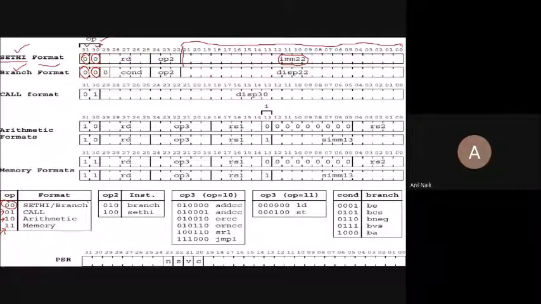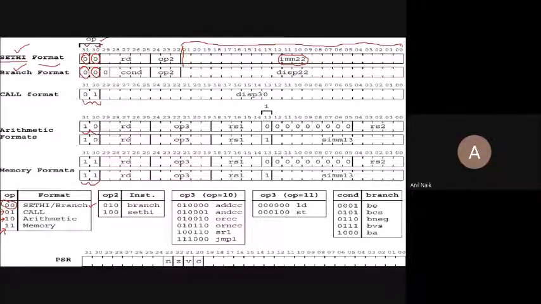We understand the instructions as English-like statements, human beings can understand, but how does the computer understand the instructions? It is with respect to these data. If the 30th and 31st bit positions are both 0, it understands that it is a branch or set high related instruction. If it is 0 1, it is a call instruction. If it is 1 0, it is an arithmetic instruction. If it is 1 1, it is a memory related instruction.